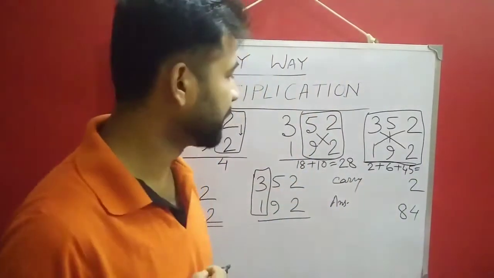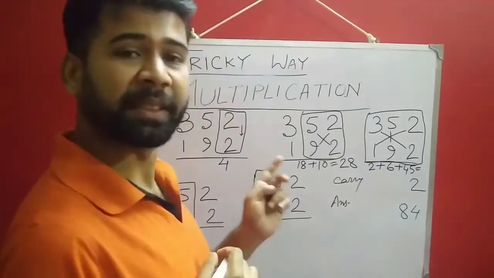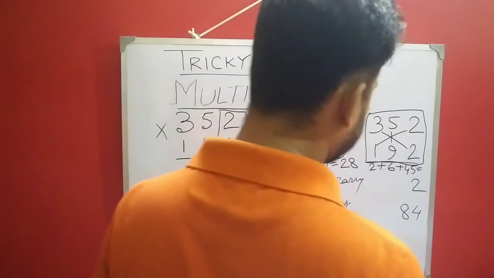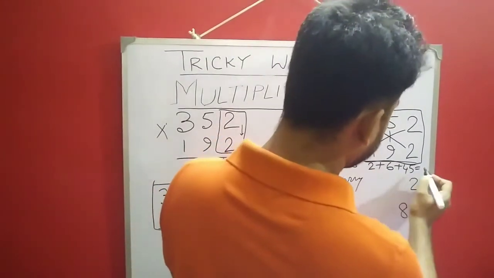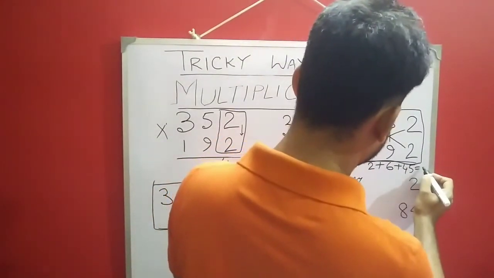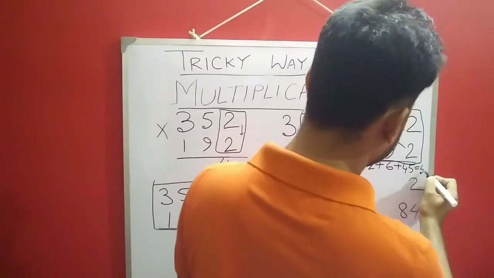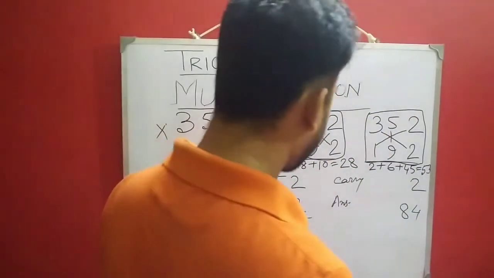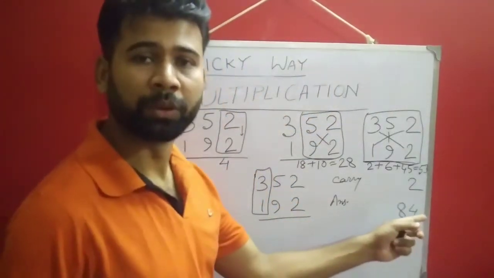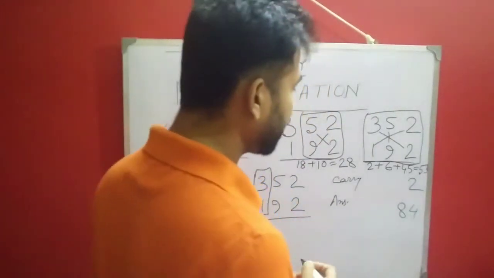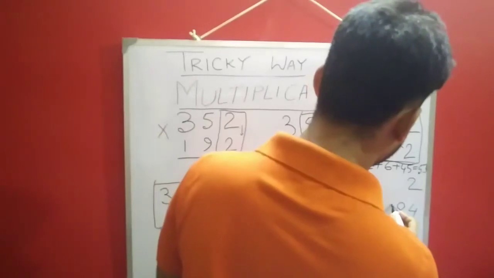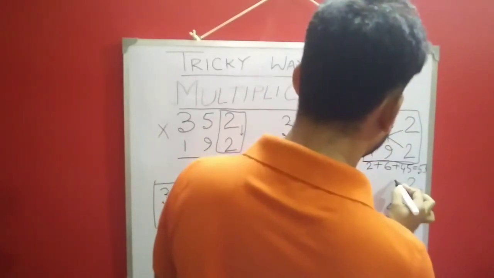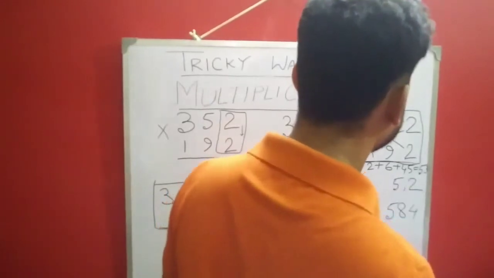Is it clear? So the result is 53, and we have carry 2. 53 plus 2 equal to 55. 5 is the answer and 5 is the carry.